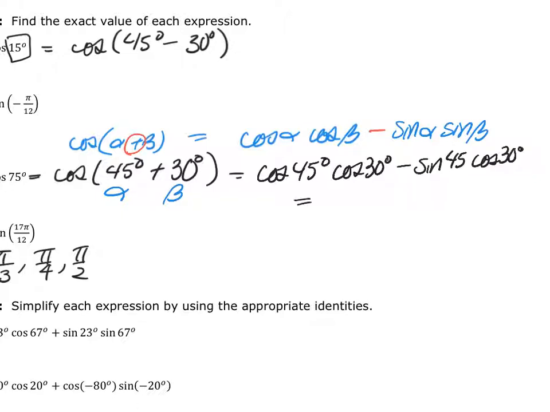The cosine of 45 degrees is the square root of 2 over 2. The cosine of 30 degrees is the square root of 3 over 2. The sine of 45 degrees is the square root of 2 over 2. The sine of 30 degrees is 1/2.